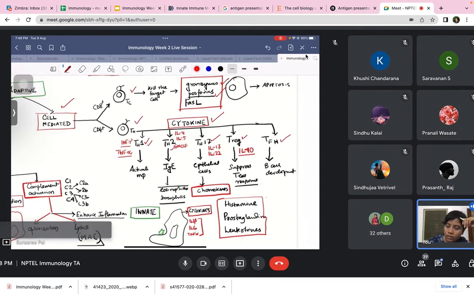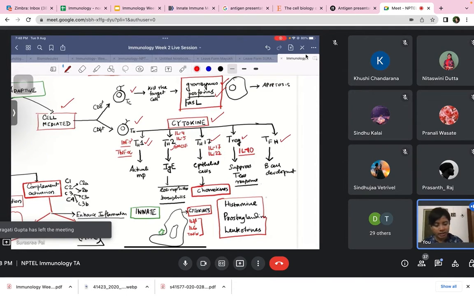Tregs are quite important, because they are the cells which suppress other types of T cell response, which will also be required in some cases, as we will see. And T follicular helper cells help in B cell development in the germinal center. So these are the different types of T cells which are produced.